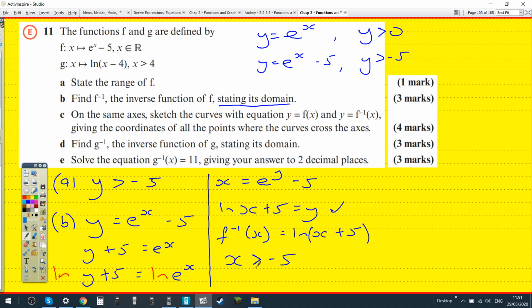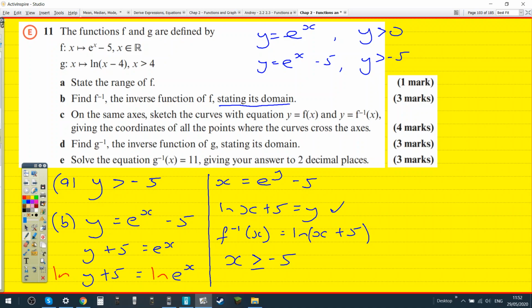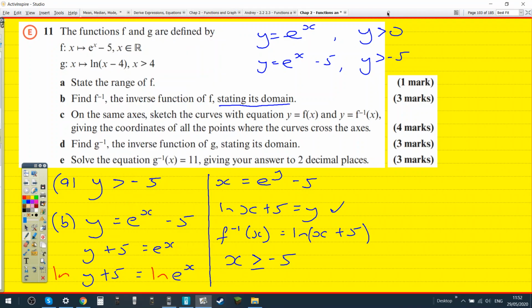Can it be equal to -5, or does it get close to it but never touch it? Yeah, I think it's equals to it. Okay, let's see. So b, no, it says greater than -5. I think that's because you can't have the ln of 0. Right, yeah. If I put ln 0 into my calculator, it'd say maths error.